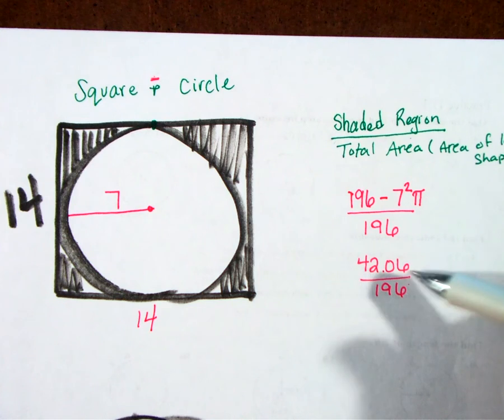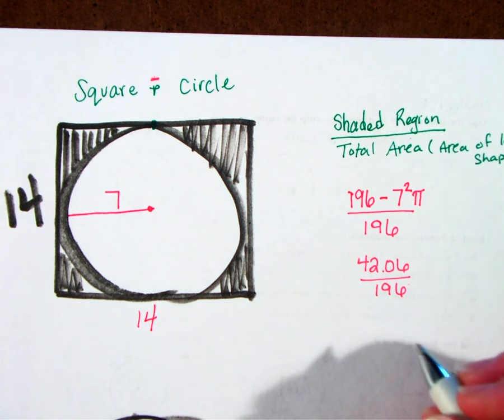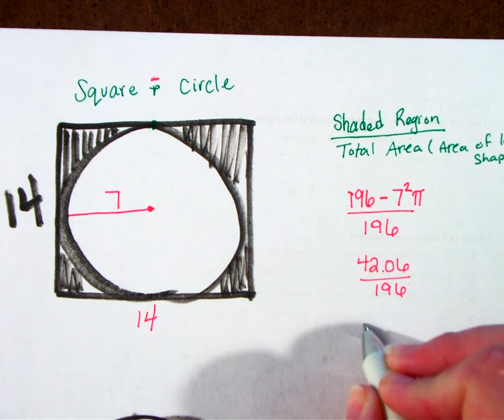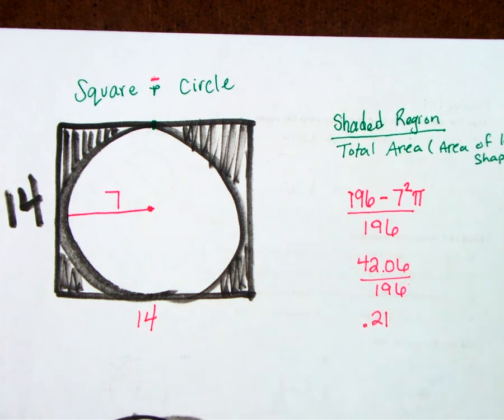Okay, so we're going to go ahead and do the decimal. So I'm going to take that answer and divide it by 196. And my decimal will go to the hundredth, so 2 decimal places would be 0.21 or 21%, but 0.21.